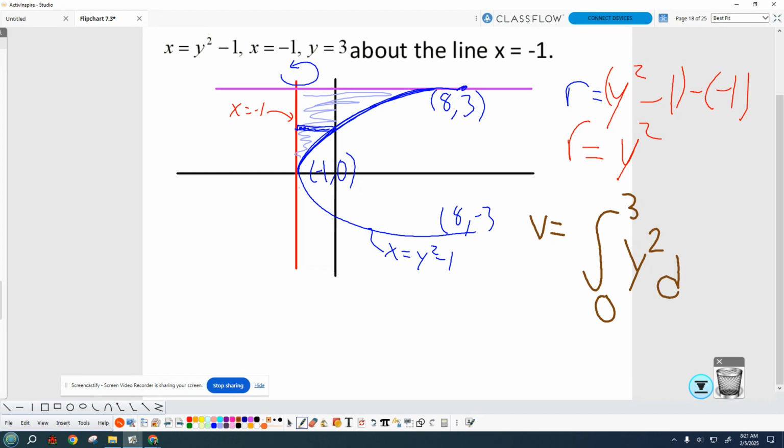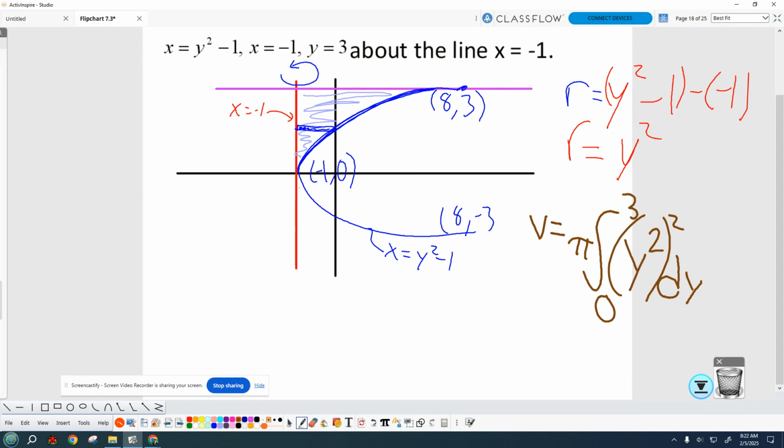No. It's a circle, you're just integrating the radius, so I need pi r squared.